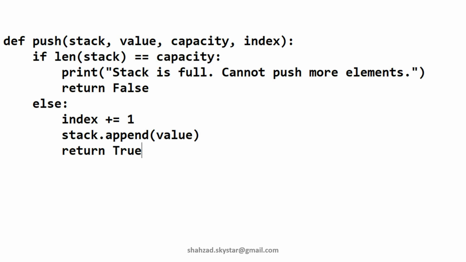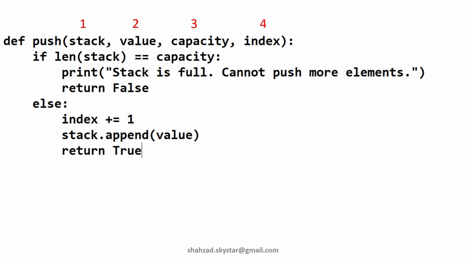Now I have given a code. I have defined a function. How many values am I passing into this function? I have passed 4 values as parameters. Number 1 is stack, number 2 is value, number 3 is capacity, number 4 is the index. And I am checking if the length of the stack is equal to capacity.